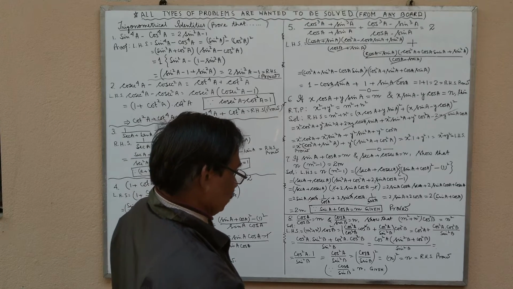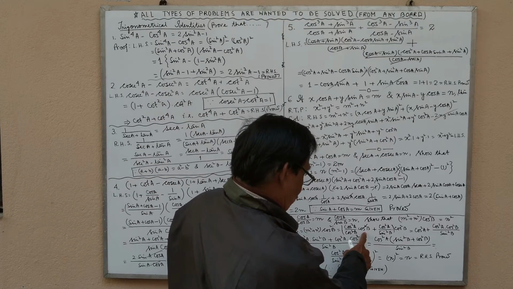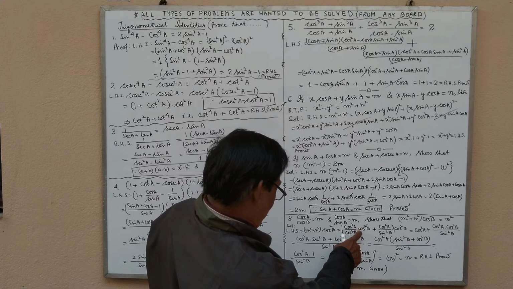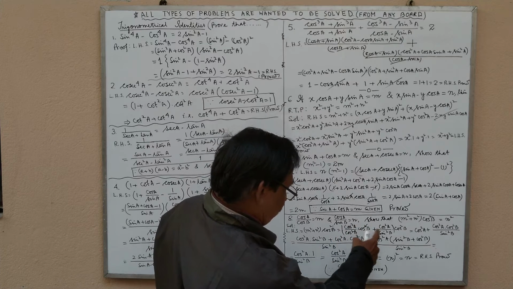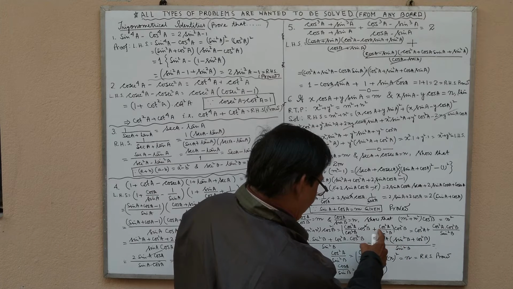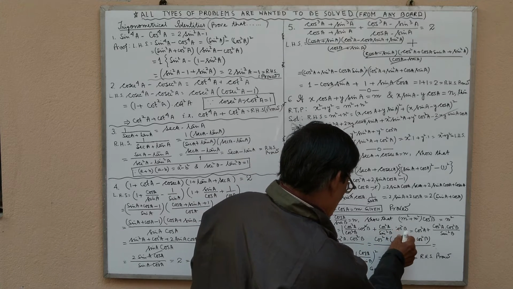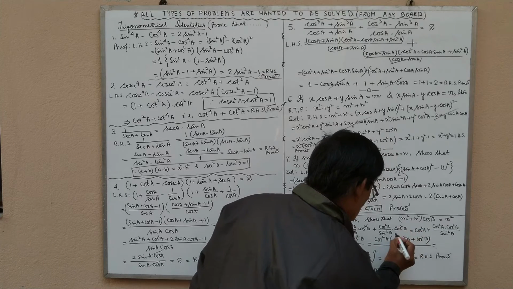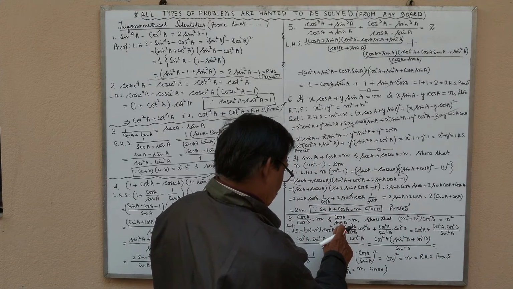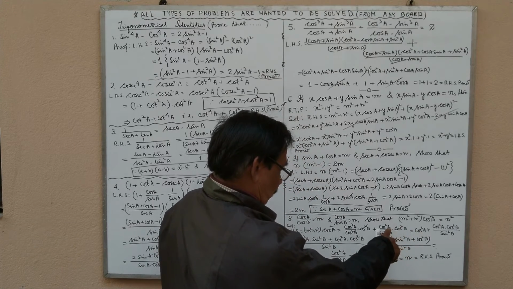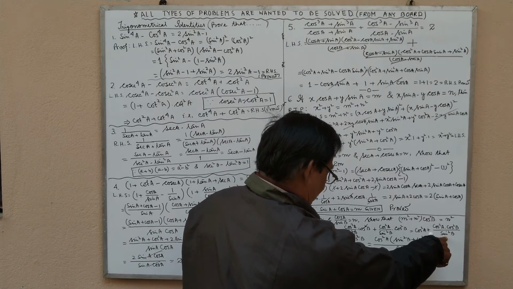So this cos square b cancels out, cos square a plus cos square a cos square b by sin square b.